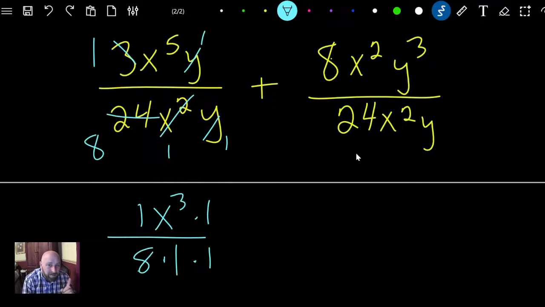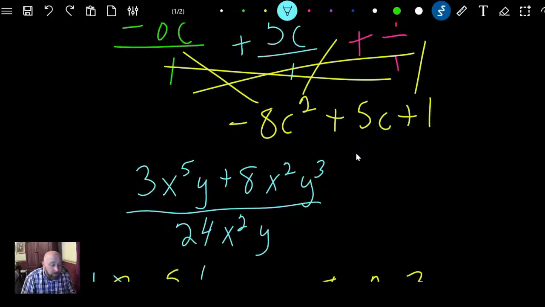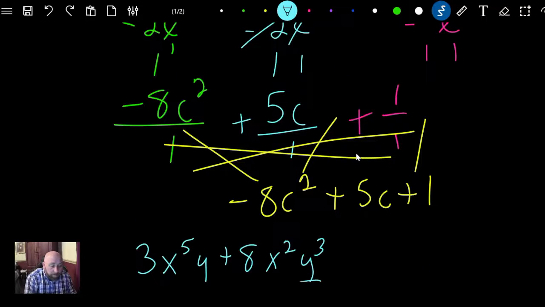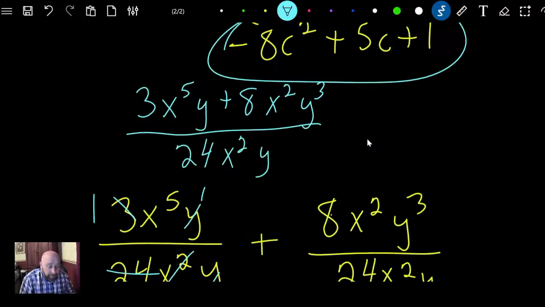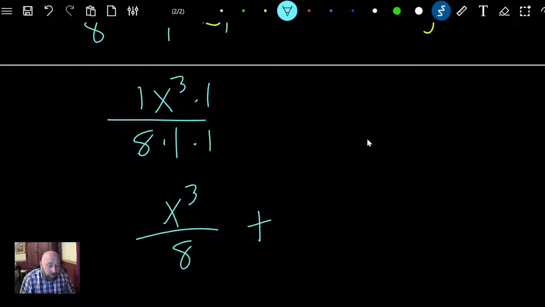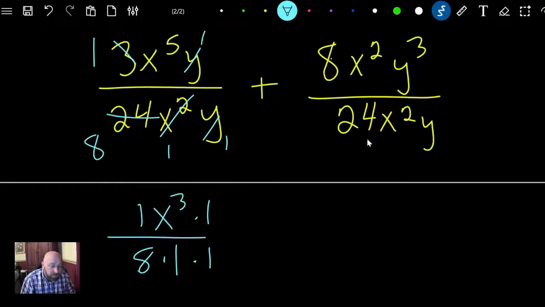Now, notice that this one is going to give us a different denominator. Notice how this one up here kind of all came back together and gave us, the denominator was 1, right? And so we were able to kind of join that one back together. We're not going to be able to do that with this one because look what happens with this denominator.